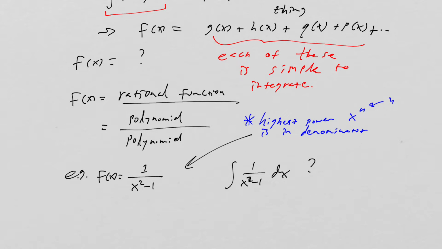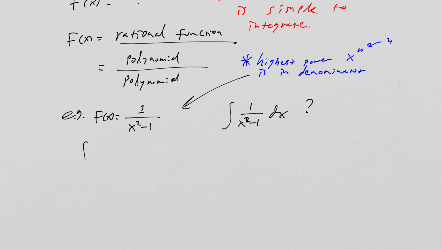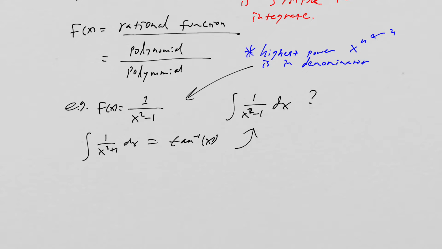This does look somewhat familiar because we know that 1 over x squared plus 1 dx has an easy antiderivative, tangent inverse of x. But this function, nope, we don't have a nice antiderivative that we can use. But it turns out there is a way of simplifying 1 over x squared minus 1.